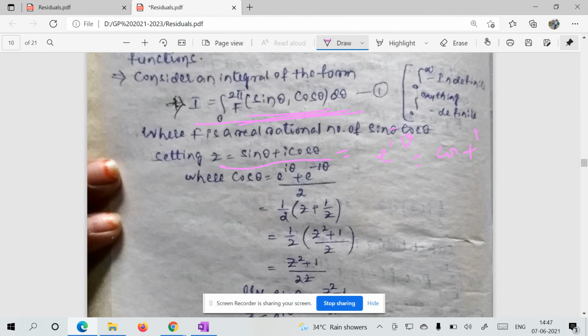We have to set cos theta equal to (e^(i theta) plus e^(-i theta)) by 2.